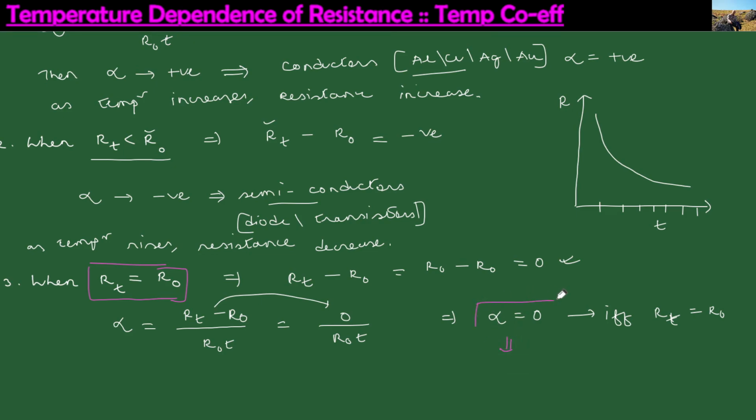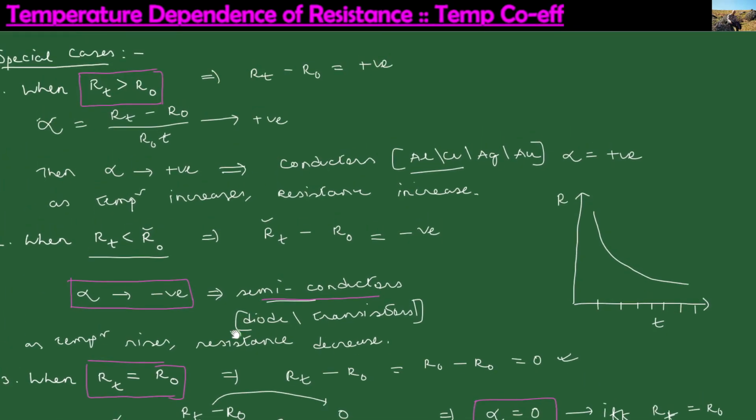This condition holds true for materials known as insulators. So materials whose temperature coefficient of resistance is 0 are known as insulators. Materials whose temperature coefficient of resistance is negative are known as semiconductors.